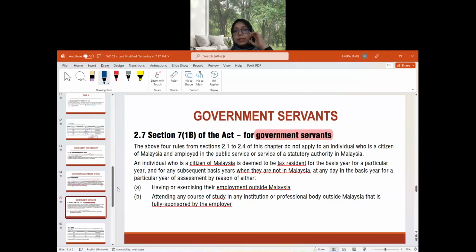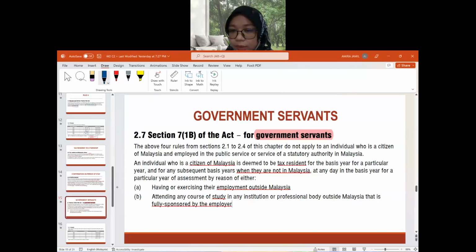For government servants, different rules are applied to them, because they are government servants. For citizens of Malaysia that work as government servants, contohnya yang kerja government or state government ataupun yang bekerja di badan berkanun macam universiti ni, lecturers and all, we are all government servants. We do not apply the four rules to the government servant, because they apply this rule.